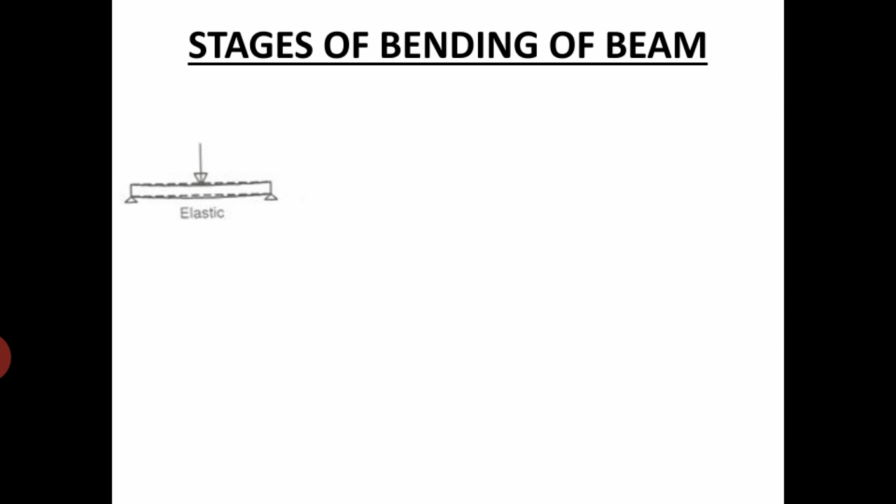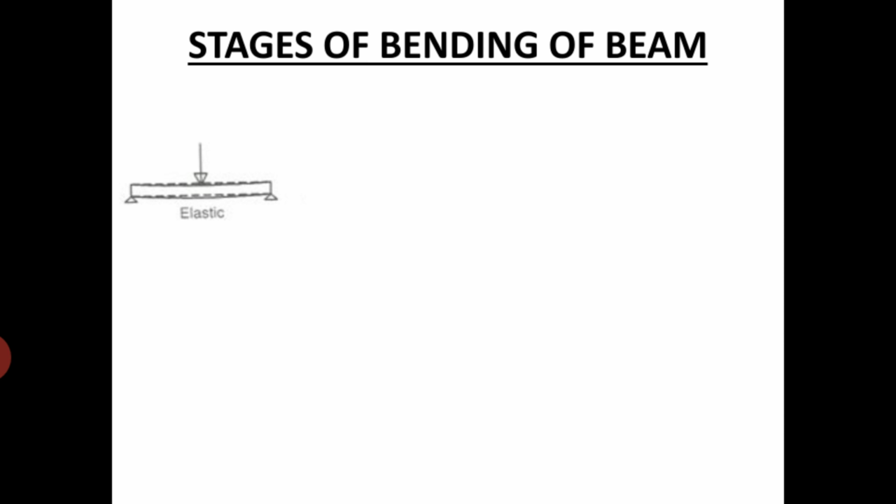So if we consider a simply supported beam subjected to an increasing load, and as we know a beam is a horizontal member and it is always subjected to a load in a vertical direction, that is perpendicular to the longitudinal axis, and because of the load a beam starts bending.